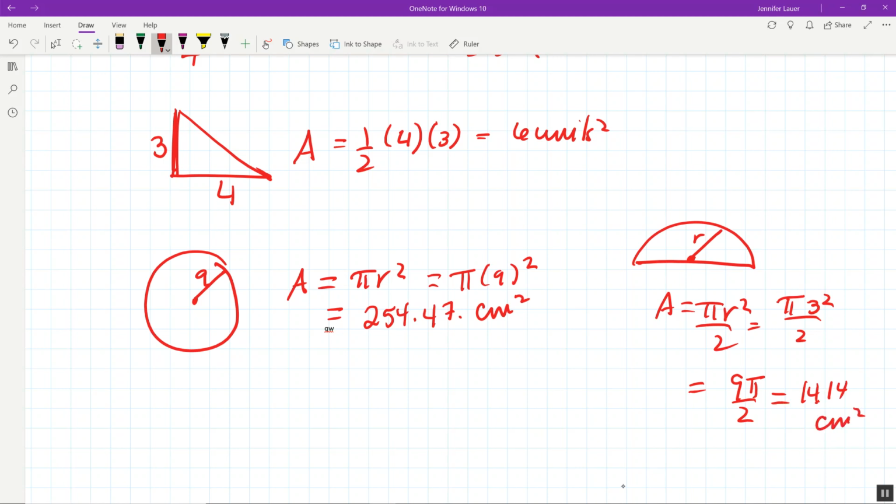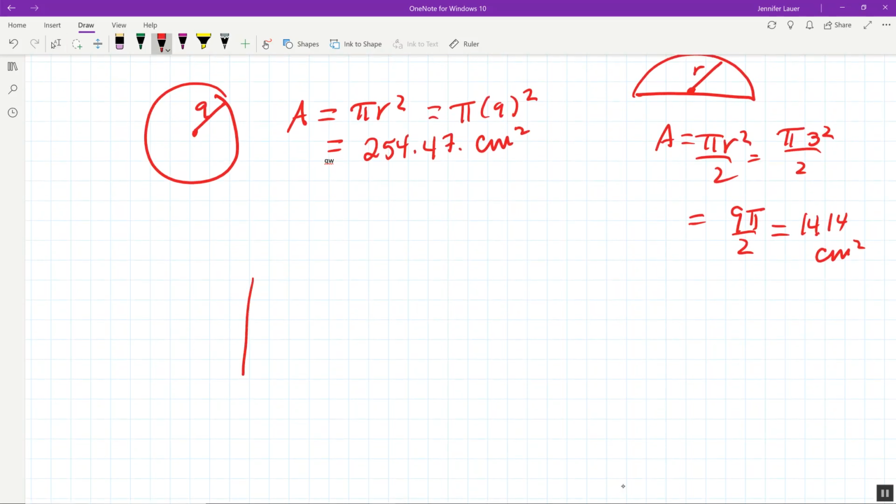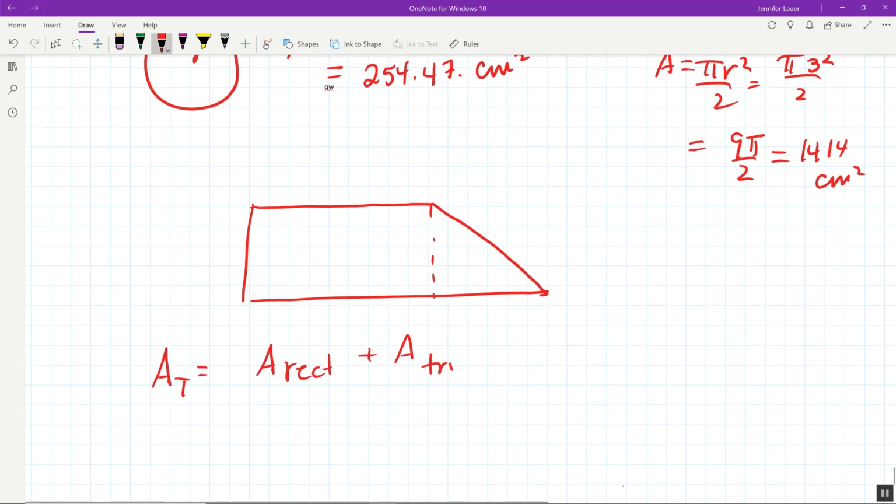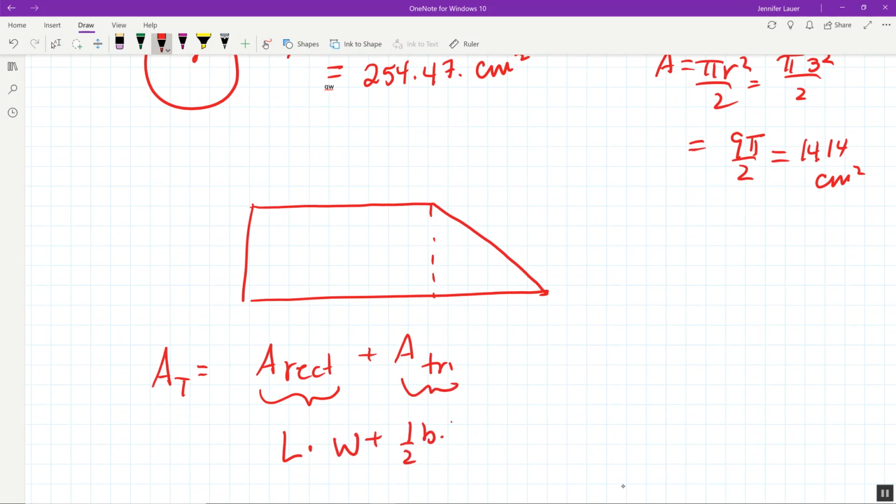Now lastly, let's talk a little bit about the combination one. So a combination one would be something as simple as looking at this. So here you can obviously see that to get the total area, you're going to take the area of a rectangle and add it to the area of a triangle. So here what we would do is we would say, okay, we know the area of a rectangle is length times width, and we know that the area of a triangle is 1/2 base times height.